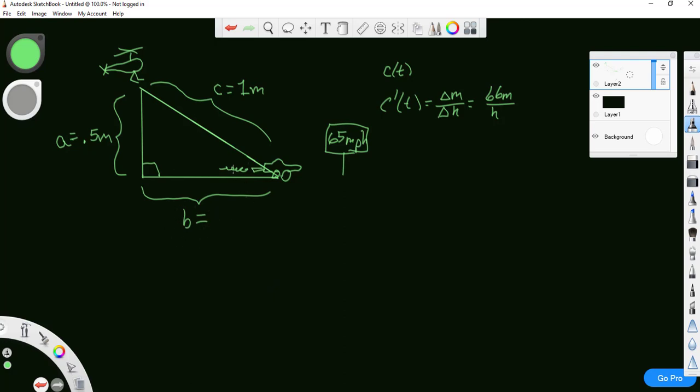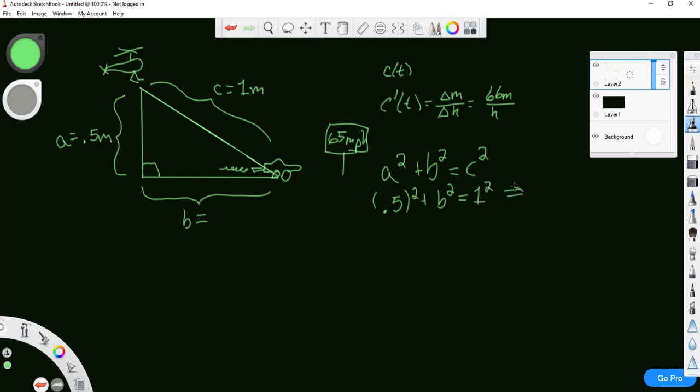Okay, so this length B, well, if I know A and I know C, then I can use the Pythagorean theorem that says that A squared plus B squared equals C squared. So that's going to be 0.5 squared plus B squared is going to equal 1 squared.